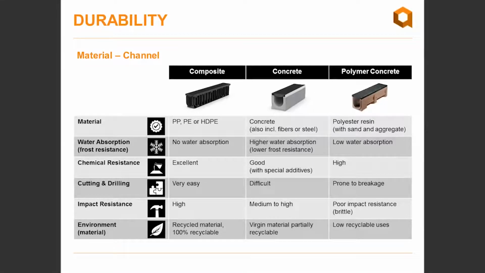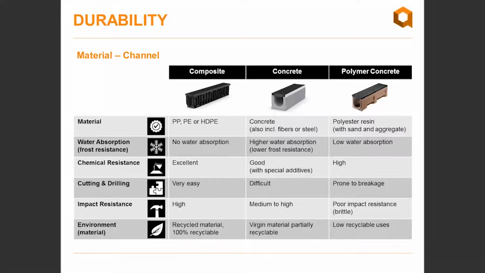The material: composite trench drains are made of either polypropylene, polyethylene, or HDPE. Concrete is, of course, made of concrete, but can also include fibers and steel reinforcement. Polymer concrete is mainly polyester resin, and also has sand or aggregates.